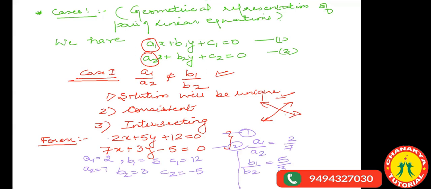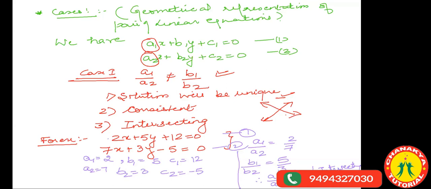So you will write like this: A1 upon A2 is not equal to B1 by B2. Therefore the lines will be intersecting, with a unique solution, and the system will be consistent.